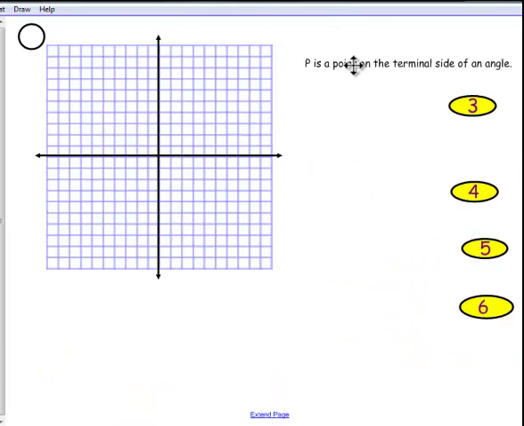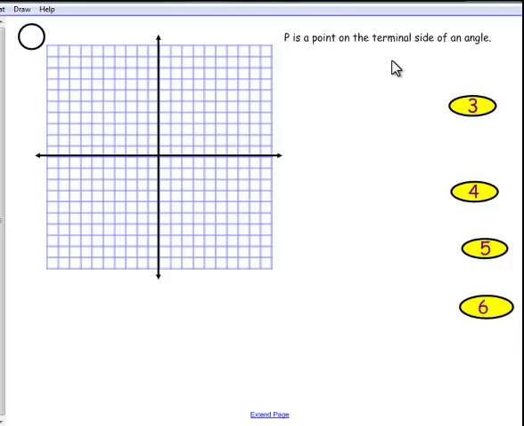Then they'll ask you the same question, but they'll word it a little differently. P is a point on the terminal side of an angle. Notice I don't see a unit circle here because it didn't say anything about intersecting with a unit circle, so we have to create a unit circle. It's just -8 and 15.